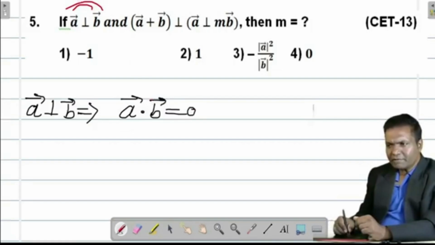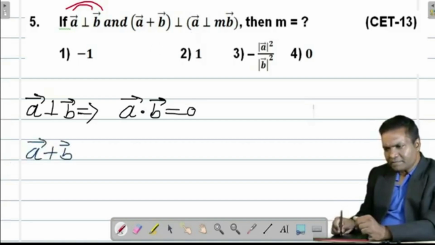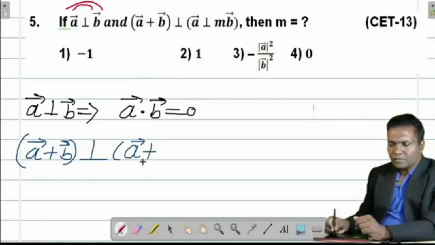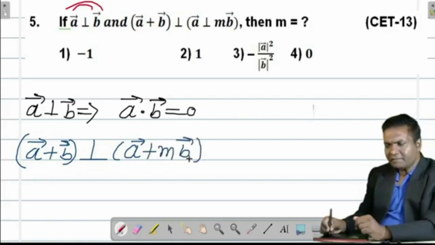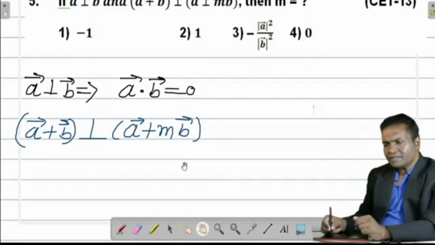And also you are given, look at this, vector A plus B is perpendicular to vector A plus m into vector B. So what does it imply then?